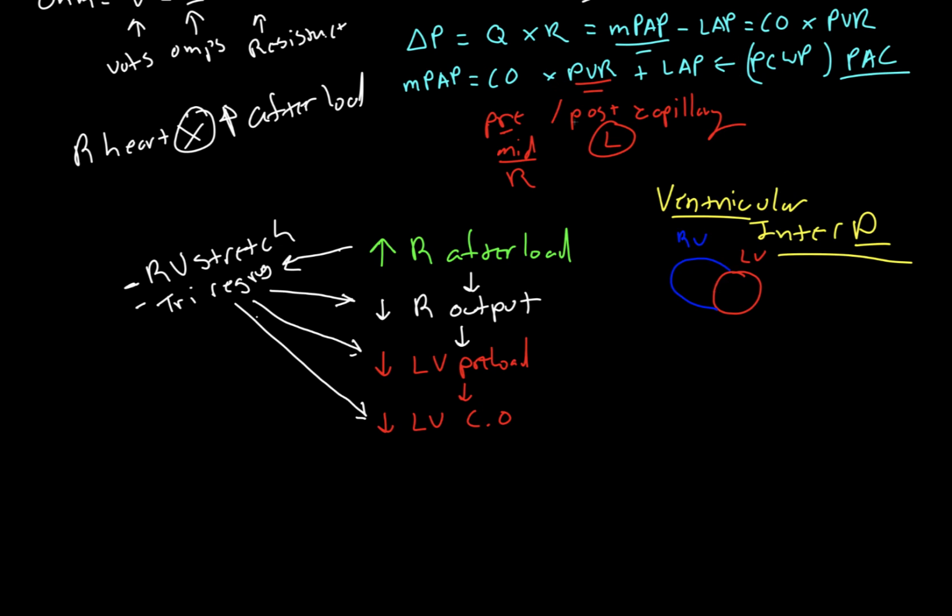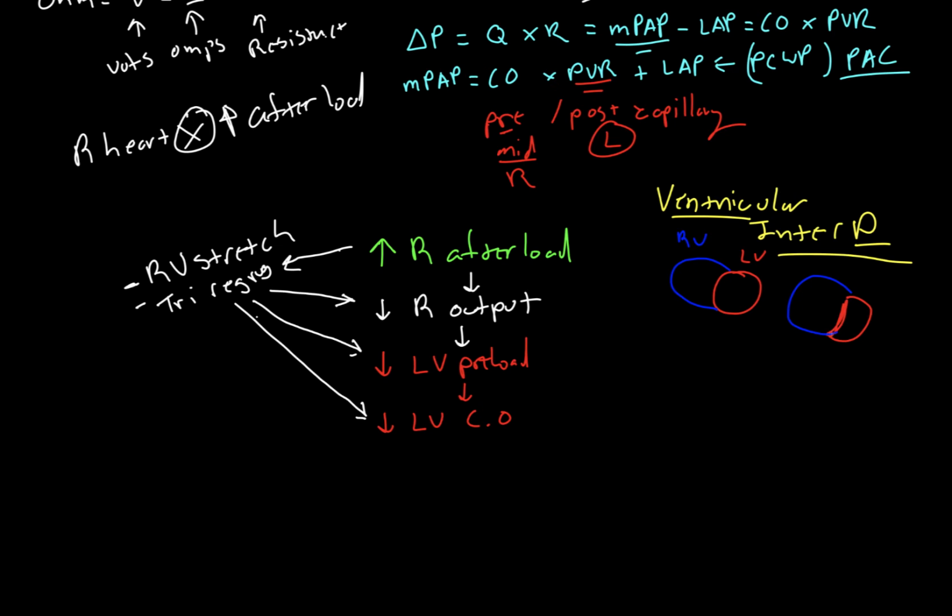So let's think of this RV stretch here. If this RV is stretching out and filling up with fluid, blood, we're going to start having a change in the shape. Your LV is going to become compromised and turn to this little crescent shape, and our RV is going to stretch and balloon out.